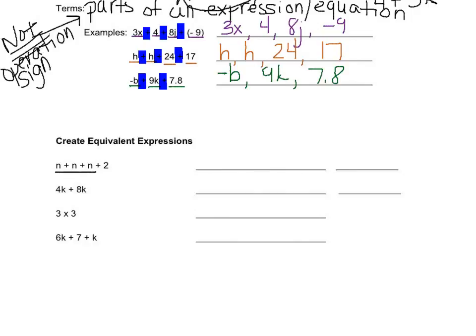So I can shorten that mathematically to say 3n. And then I still have to include the plus 2. So these two right here are equivalent expressions.